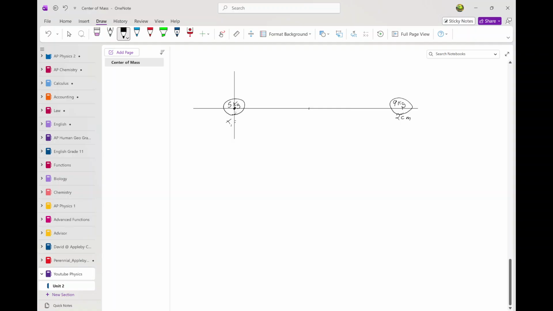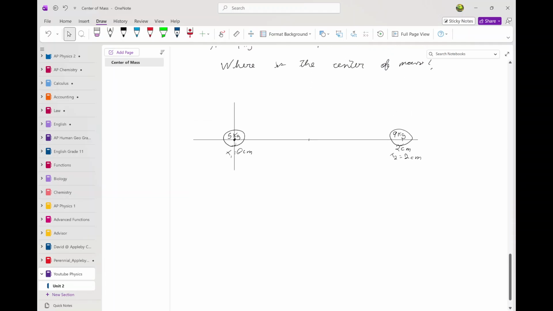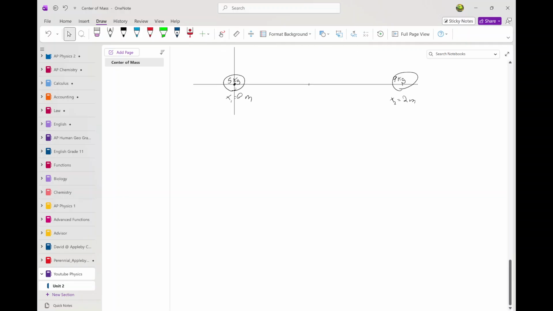So x1 equals 0 centimeters here, and then x2 equals 2 centimeters. To make it easier, let's turn these into meters. So x2 equals 2 meters, and x1 equals 0 meters. For the center of mass, it was the addition of all masses times their position divided by the addition of all masses.